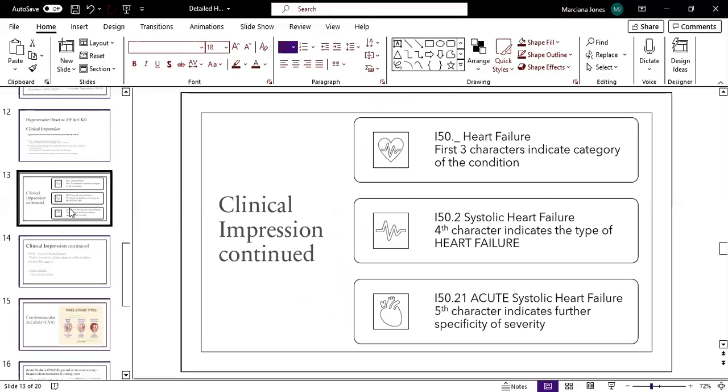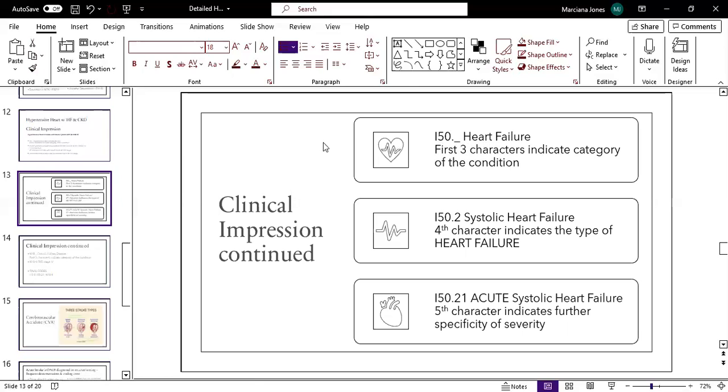So continue with the clinical impression. So we have heart failure, right? You remember we got hypertensive heart with heart failure and CKD. So we also have to code the heart failure. So I50, heart failure, the first 3 characters here indicate the category of the condition, which is heart failure. You pull up I50, this is what you'll get.